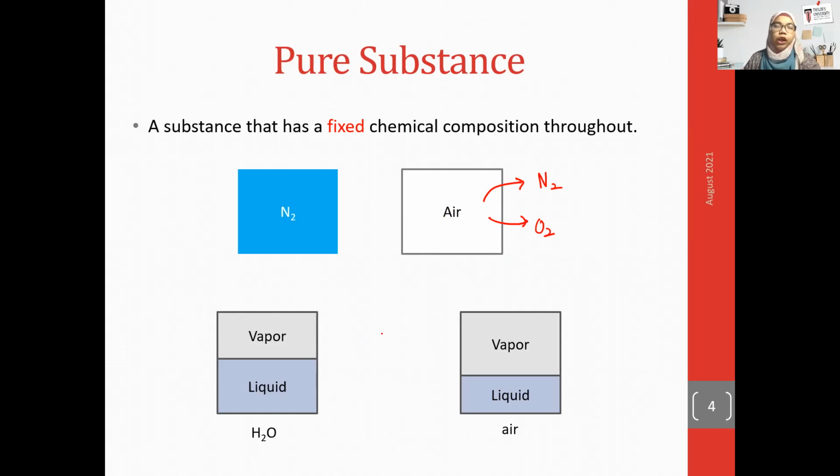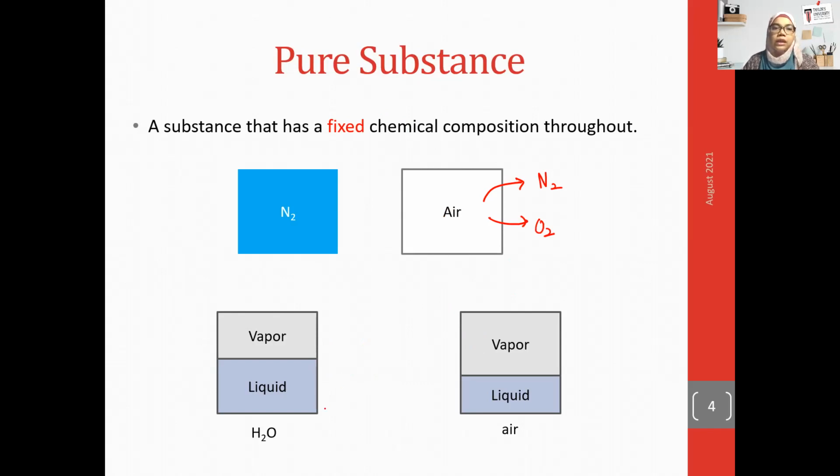How about if we have a vessel that contains water, but we heat up that vessel? That water can be either liquid or vapor depending on the temperature or operating conditions supplied to it. If we have two phases here, we do not know the composition of the water inside that vessel.